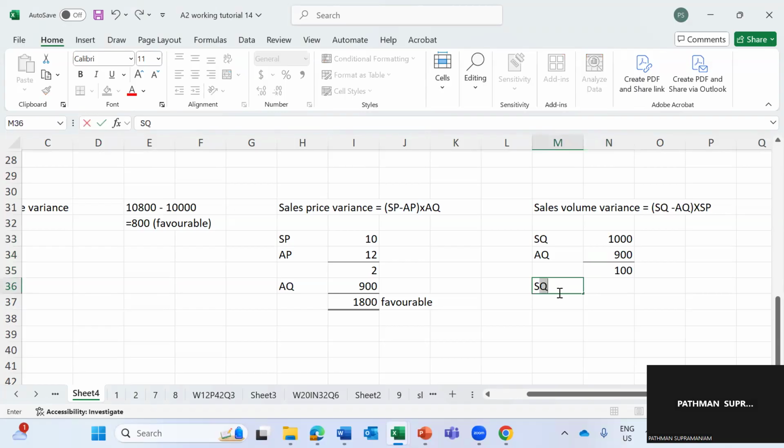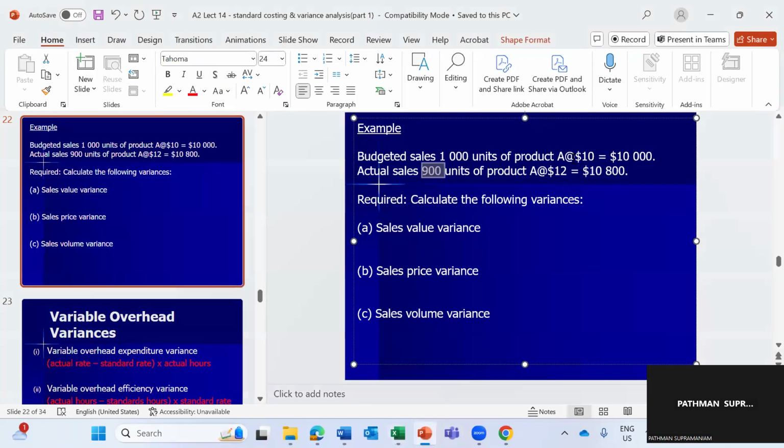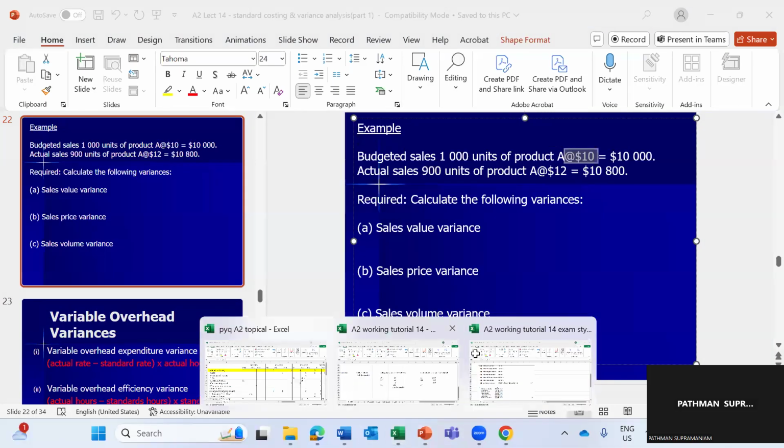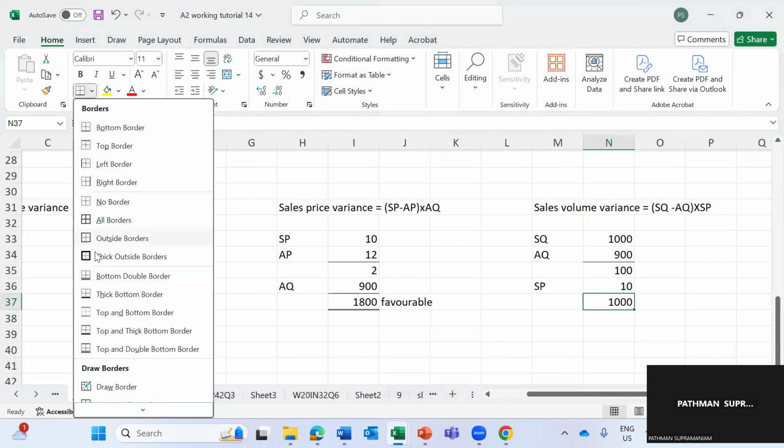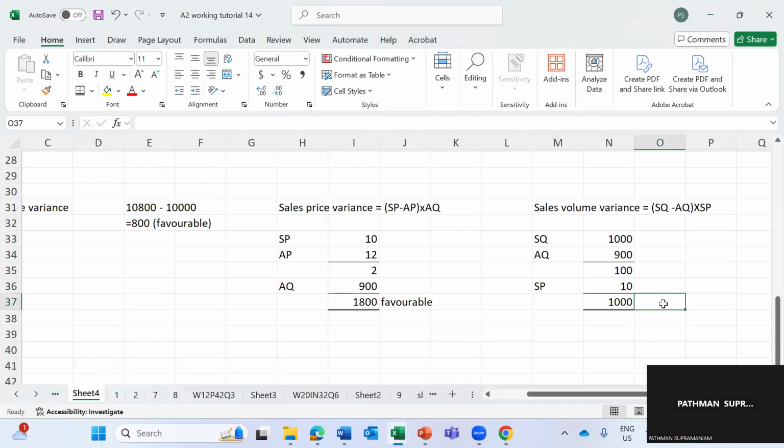Now I multiply by my standard selling price, which is $10, and I get an answer of 1,000. And the answer would be adverse. Why? Because I ended up selling a lesser quantity than I thought I could.